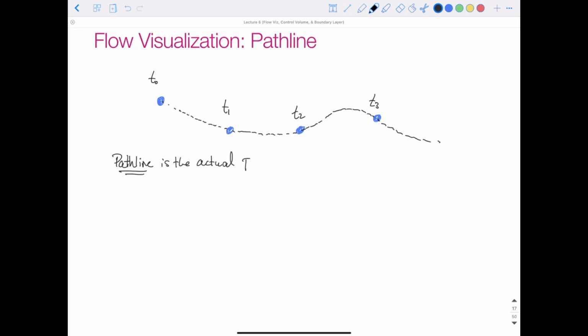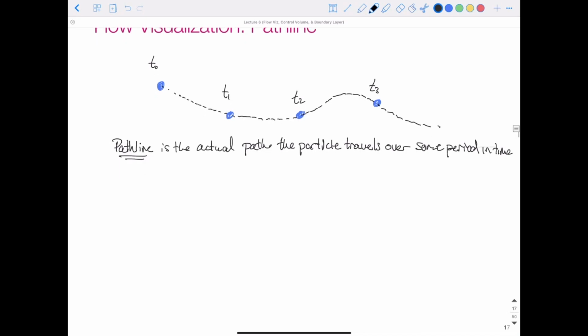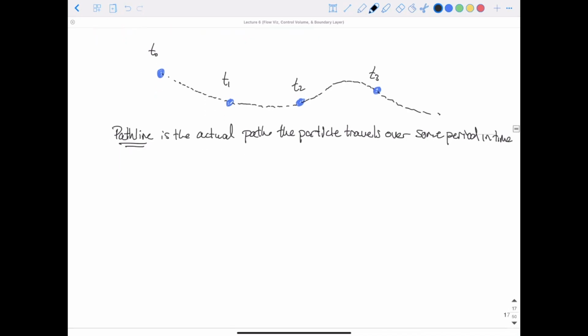So it's the actual path the particle travels over some period in time. This can be obtained experimentally.